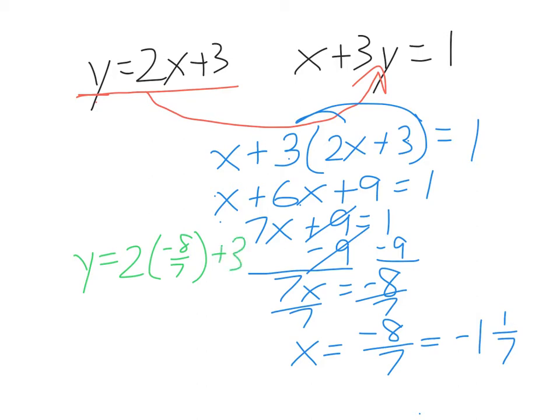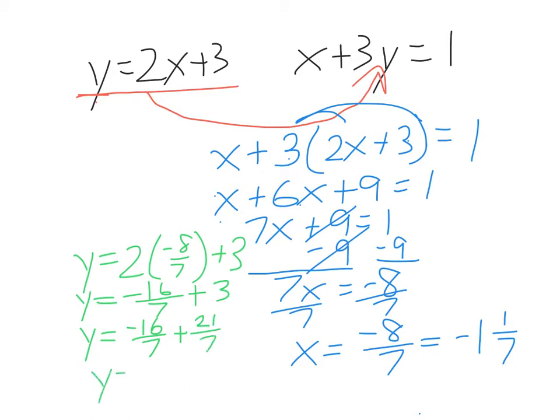And let's see where we can go from there. From here, I know that y is equal to negative 16/7 plus 3. And 3, I need to put that over 7, so this is really y equals negative 16/7 plus 21/7, because that's equal to 3.